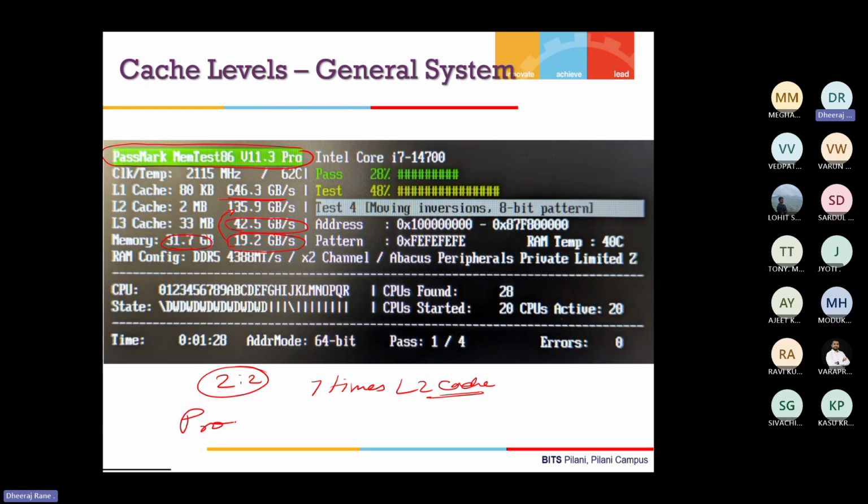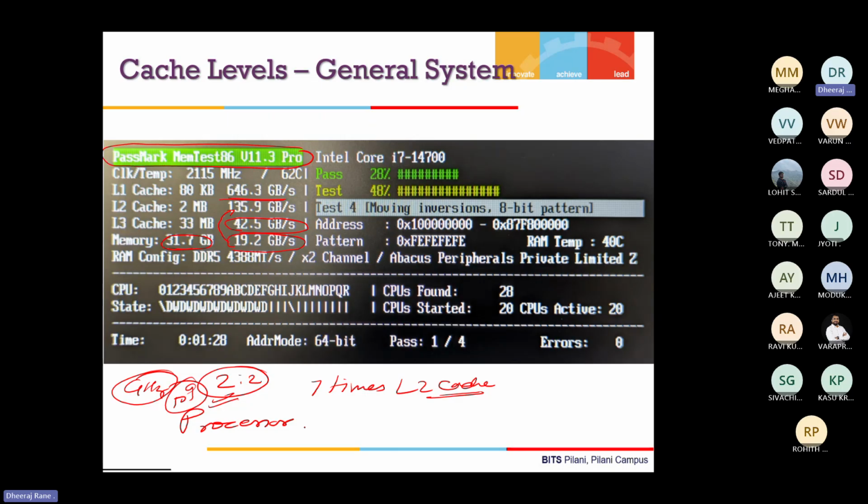So we are not at all comparing the processor speed. It's in gigahertz, generating clocks at 10 to the power 9 magnitude, right? So it's huge. So in order to bridge the gap that the processor and your main memory is having, we are having the concept of cache, that is L1, L2, L3 cache.